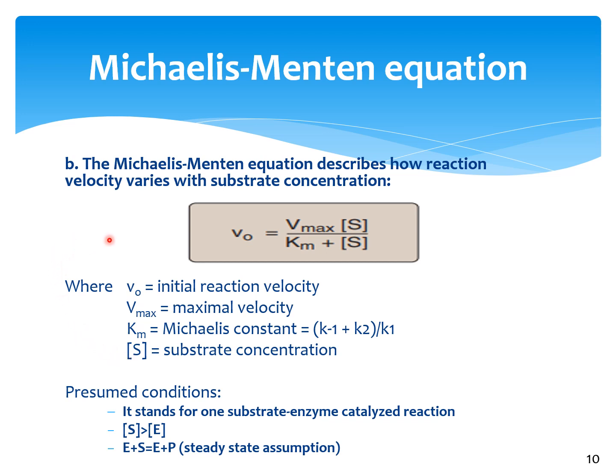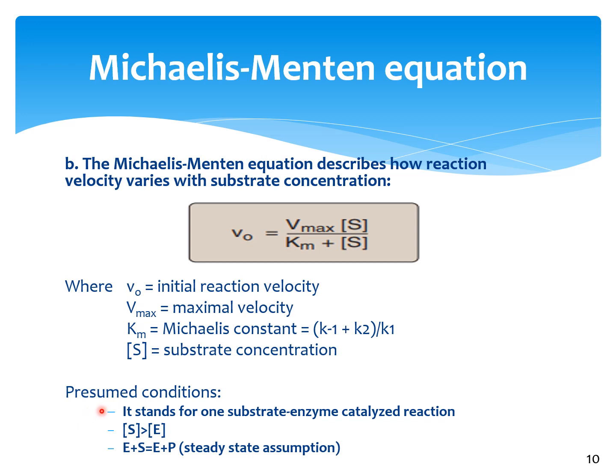This equation is based on some presumptions and experimental conclusions, but derived mathematically by Michaelis and Menten. What were those presumed conditions?